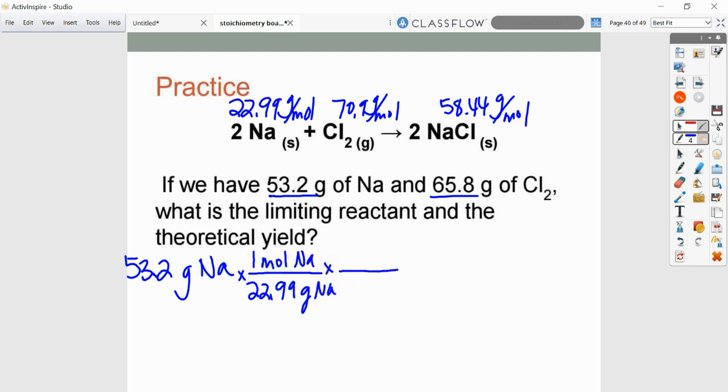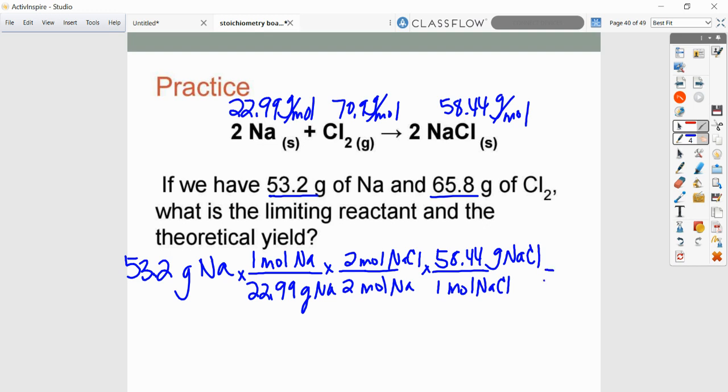Use our mole ratios. Convert to grams of NaCl. Make sure all of your units cancel. Multiply and divide across, and you would get 135 grams of NaCl.